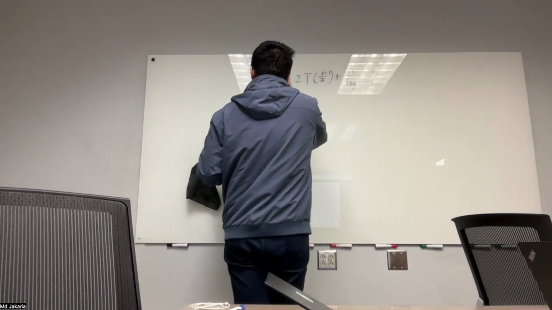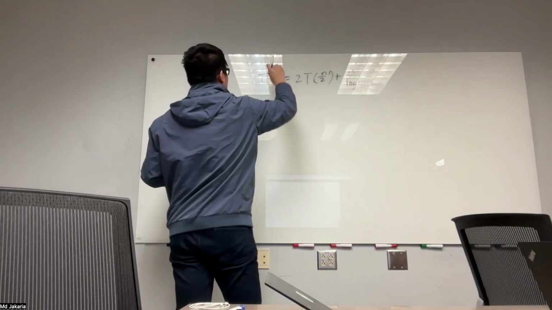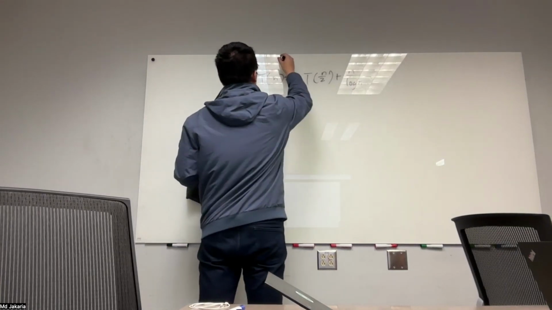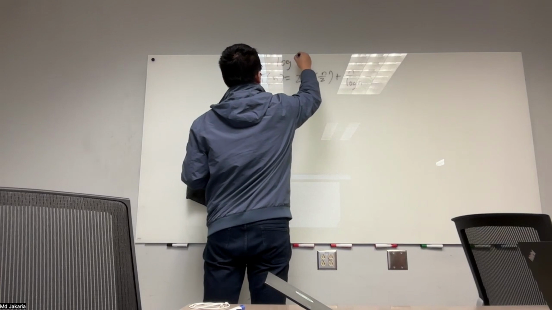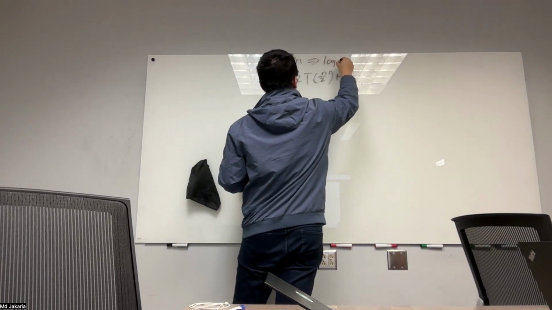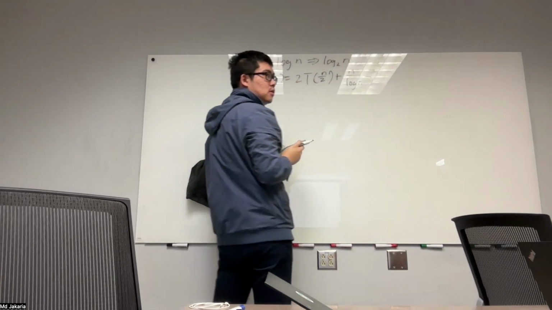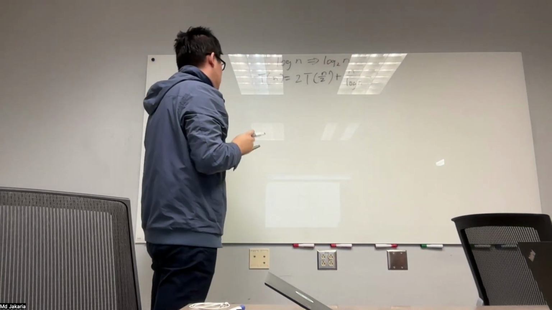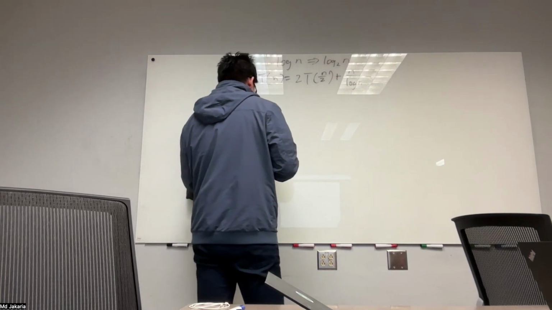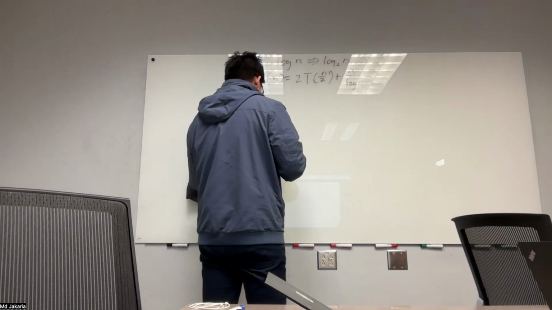If you have not noticed, up to this point and probably going forward, whenever we say log of n, that just means log base 2 of n. That's what we are going to use because this is computer science, and 2 is natural. Okay.